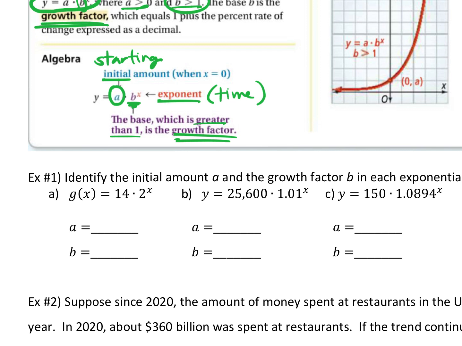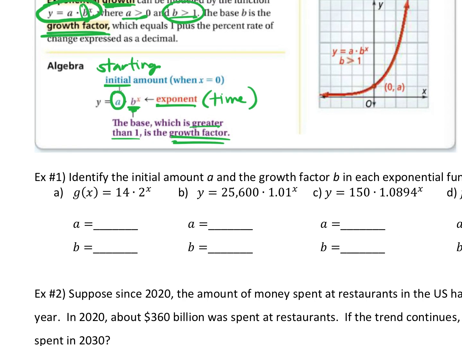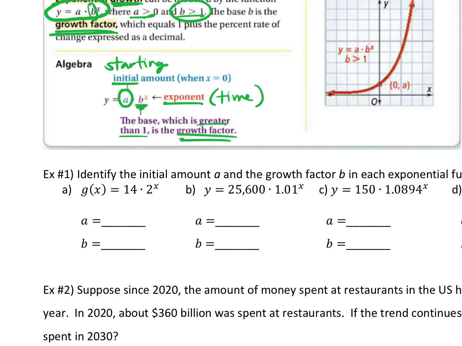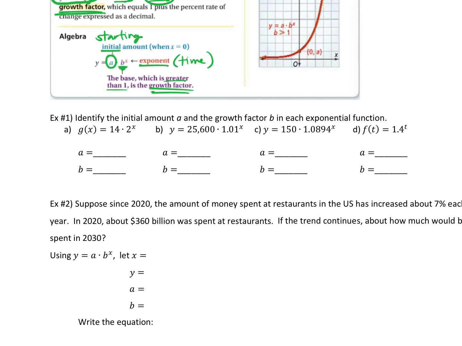So as long as you know what goes where, these are not terribly challenging. If you don't understand what goes where, it's not going to work out as nicely. So first of all, let's just take a look at these and see what we've got. It says identify the initial amount A and the growth factor B in each exponential function.